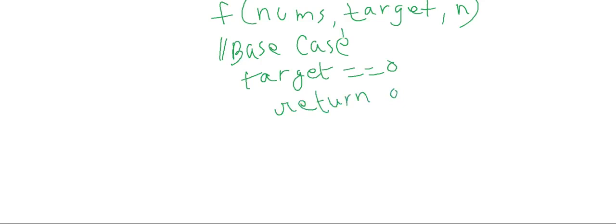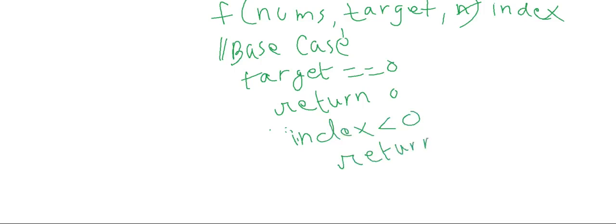And when our n, that is index, let's name it as index, when our index is less than 0, that means there are no more elements left, and we're going to return false, right?